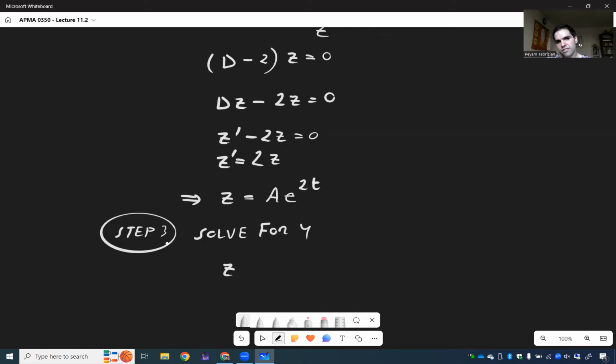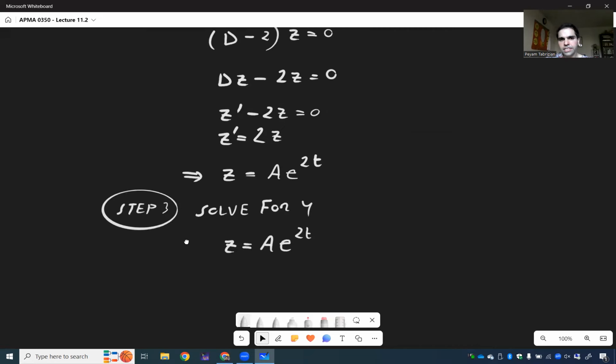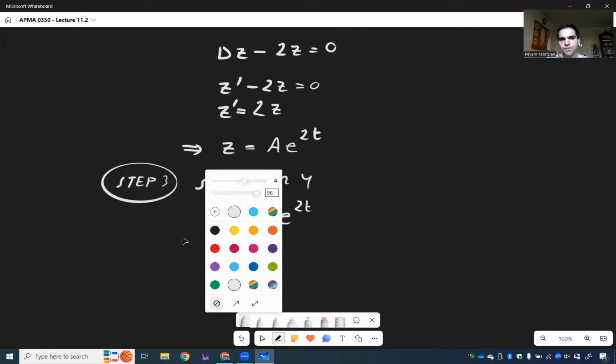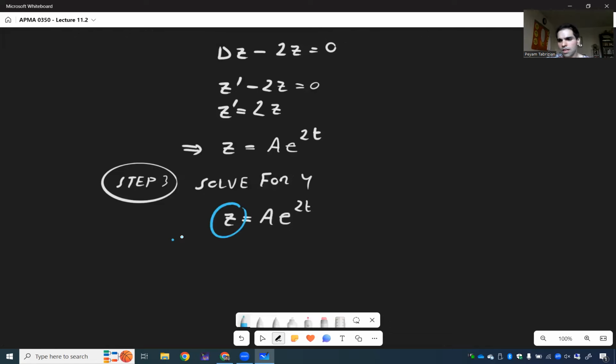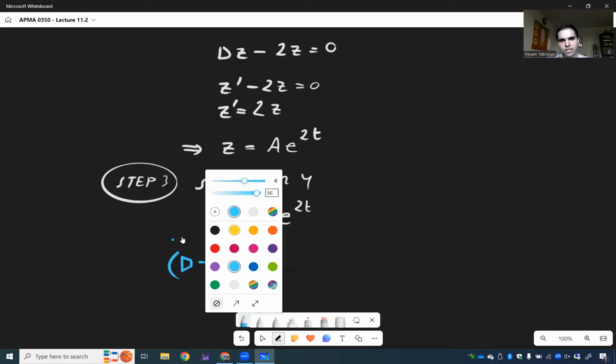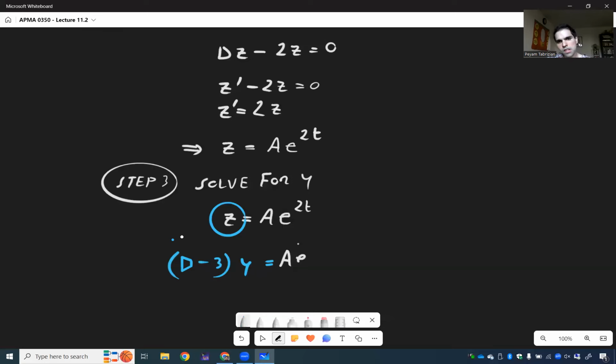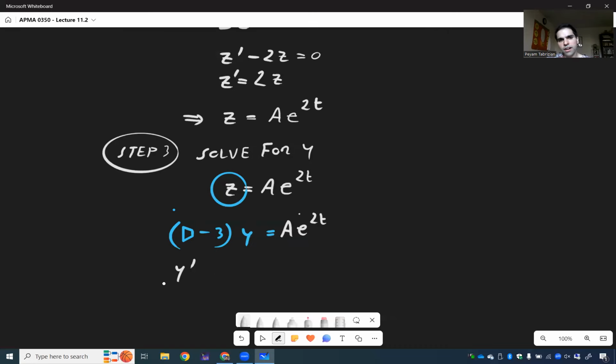Because what did we have? z was ae to the 2t. And then z, remember the definition, that's just d minus 3 applied to y equals ae to the 2t. And then this just becomes y prime minus 3y is ae to the 2t, which is another first order differential equation.